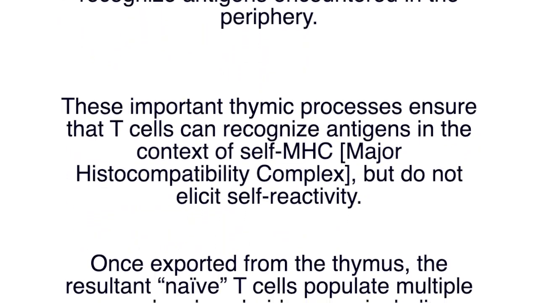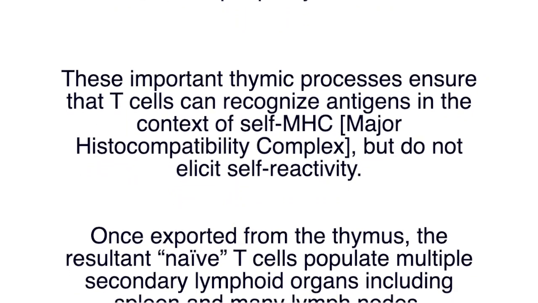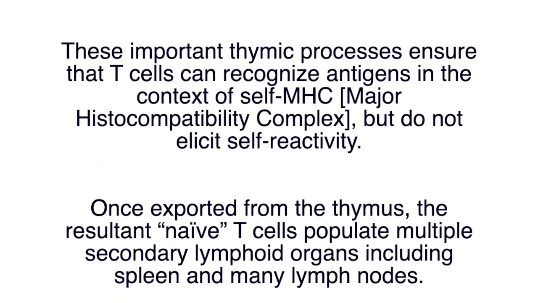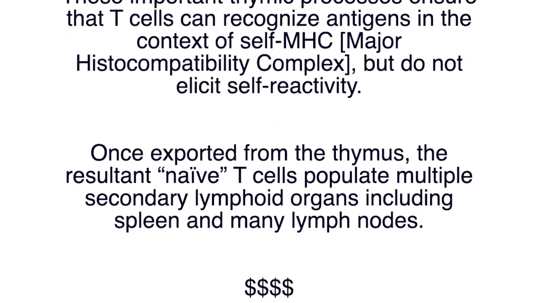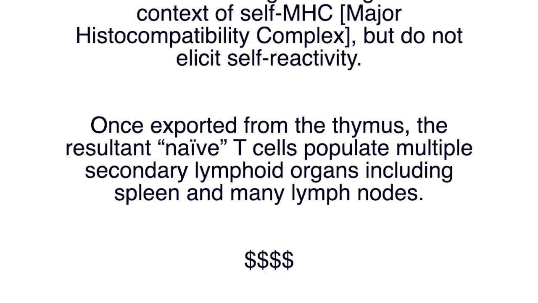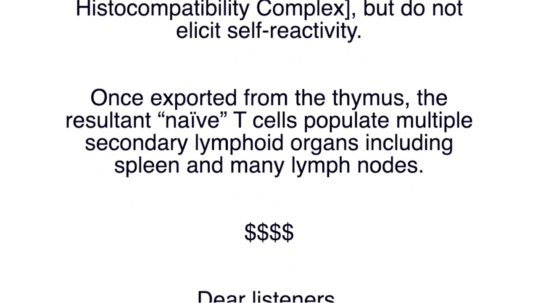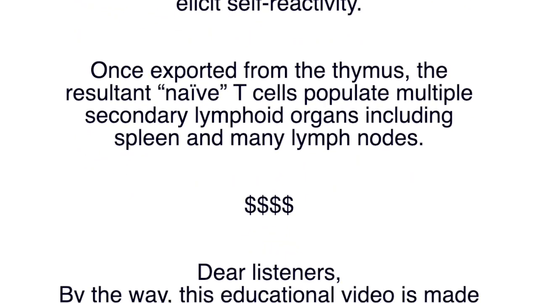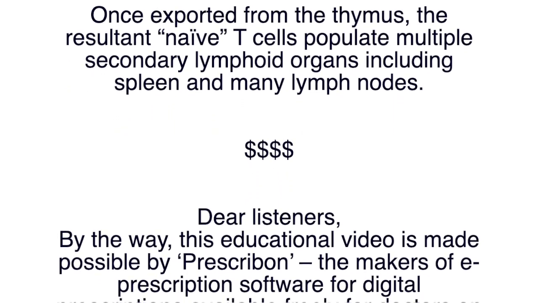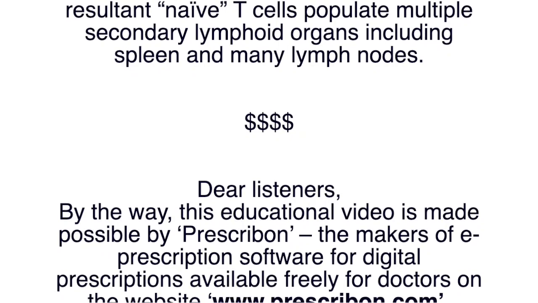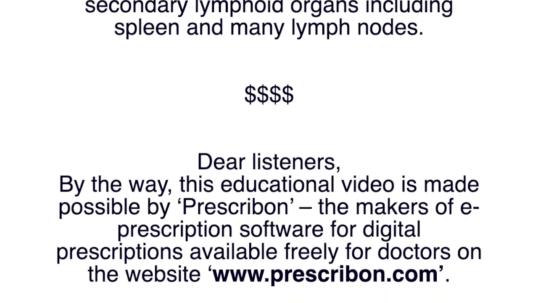These important thymic processes ensure that T cells can recognize antigens in the context of self-MHC, that is major histocompatibility complex, but do not elicit self-reactivity. Once exported from the thymus, the resultant naive T cells populate multiple secondary lymphoid organs, including spleen and many lymph nodes.